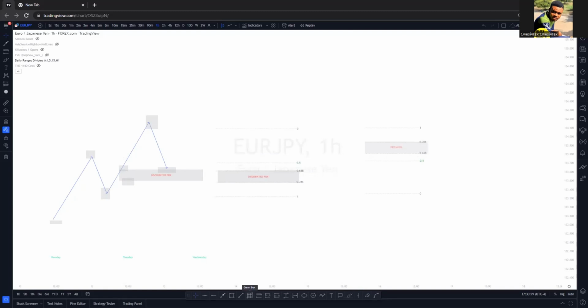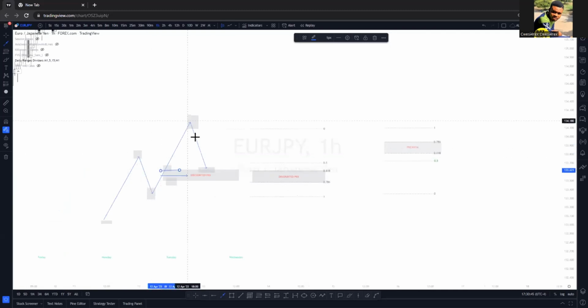Right. So what you do is start looking for your point of interest within this discounted price, which can be either an order block or an inefficiency, right? Or on a bigger time frame, it can be an inefficiency. Then when you drop to the smaller time frame, you'll be able to identify another order block within.